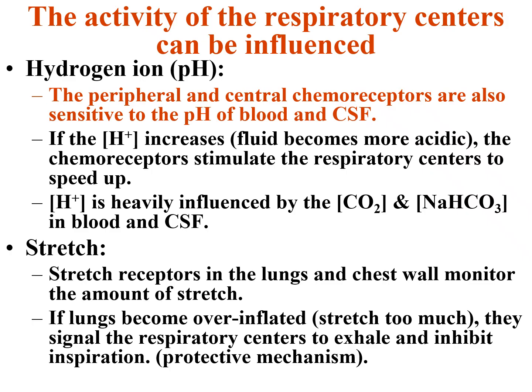It is slightly on the alkaline side. Remember, a pH of 7.0 is neutral. So what happens? Well, if the hydrogen ion concentration increases, in other words, the fluid becomes more acidic, the chemoreceptors stimulate the respiratory centers to speed up.